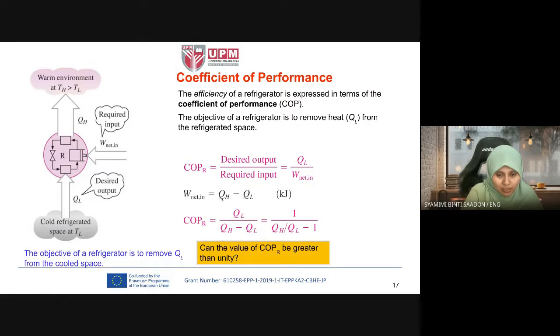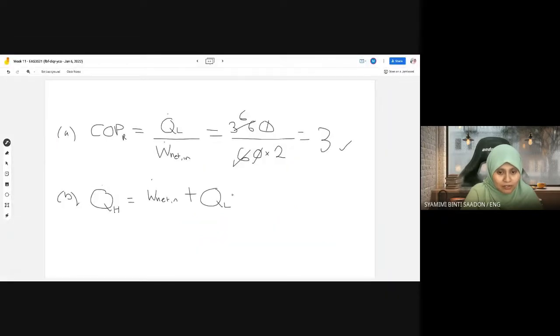So we just add W net in plus QL. 360 divided by 60 just now is 6, plus 2, so 8 kilowatt, or kilojoule per second. And 8 kilojoule per second is 480 kilojoule per minute.